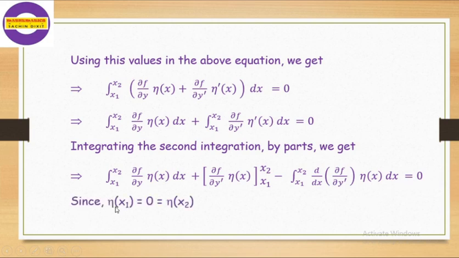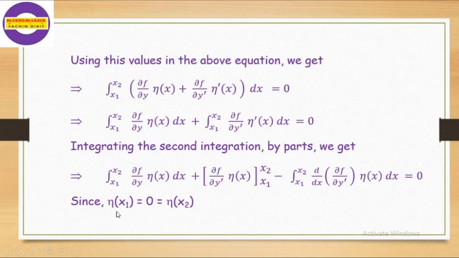Since eta(x1) is equal to 0 and eta(x2) is equal to 0, here we have to use upper limit minus lower limit, no integration here. Now we substitute upper limit minus lower limit. In that case we get eta(x1) as well as eta(x2), because the upper limit is x2 and the lower limit is x1.